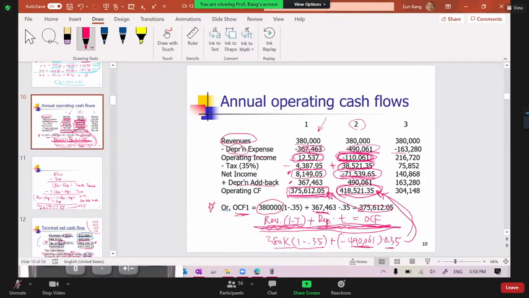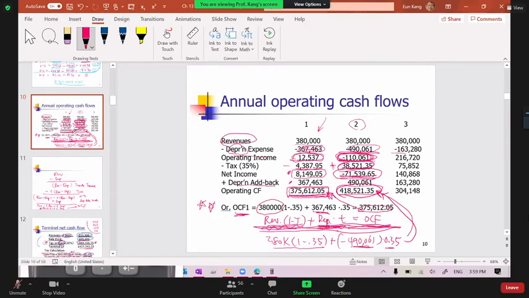OCF is revenue times 1 minus T plus depreciation times T. This one, so very, very important. This is the backbone of cash flow analysis. In a new project analysis, you just multiply the tax rate by this machine's depreciation, right?